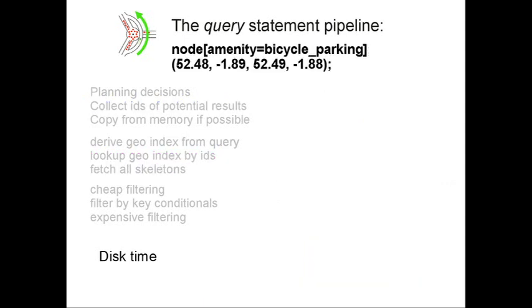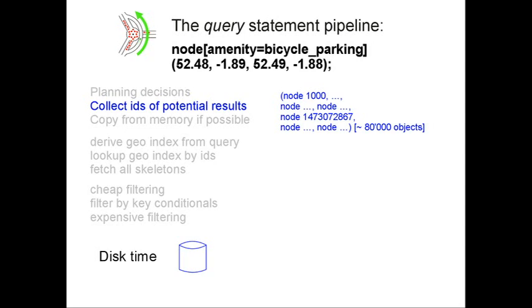Now compare what happens if we restrict our search to a small bounding box. The collection of the IDs of potential results still takes only 1 unit of disk time, but we can now derive the index to search at directly from the bounding box immediately without any use of disk time.